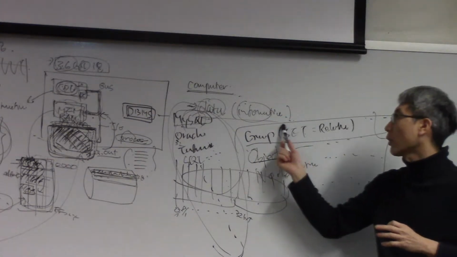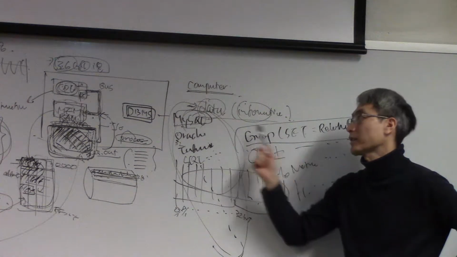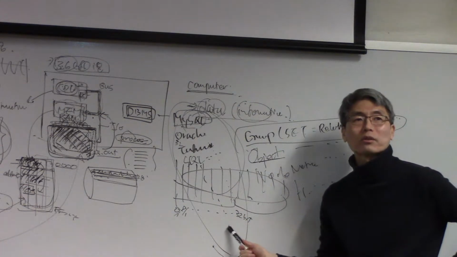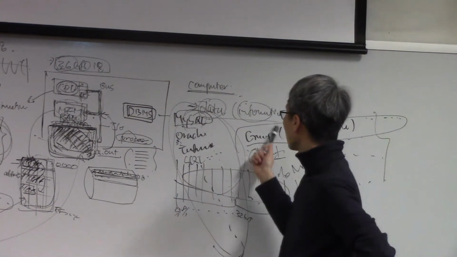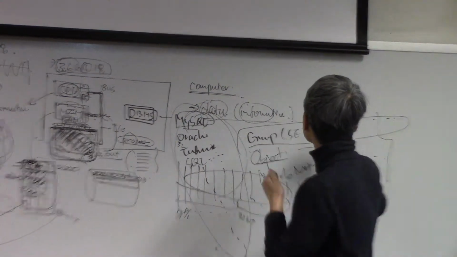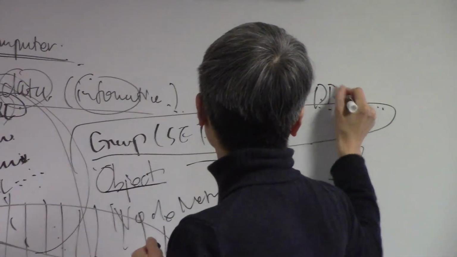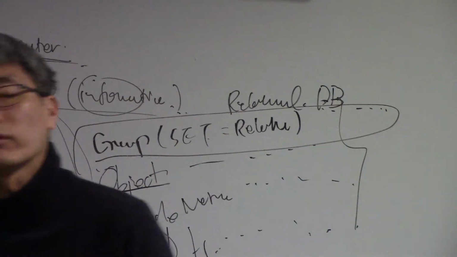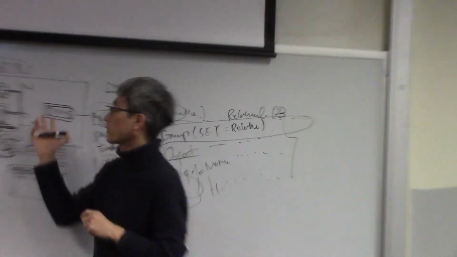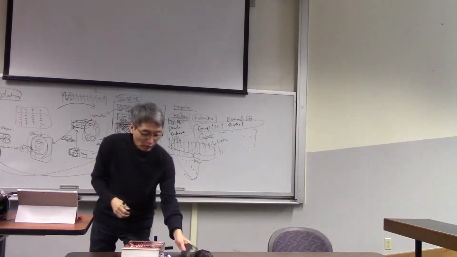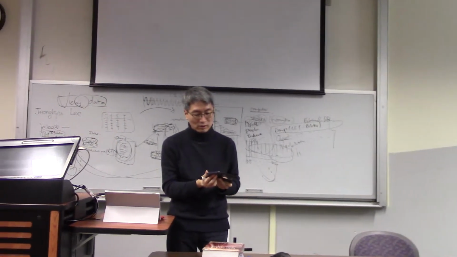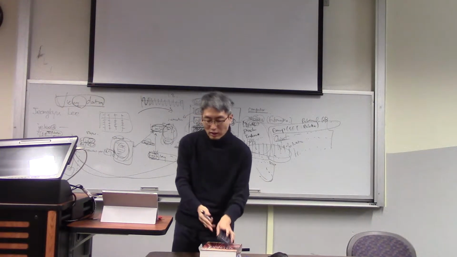So if you learn one relational database management system, you can easily cover the others. So in this class, we will learn the relational database management system and the relational database model.